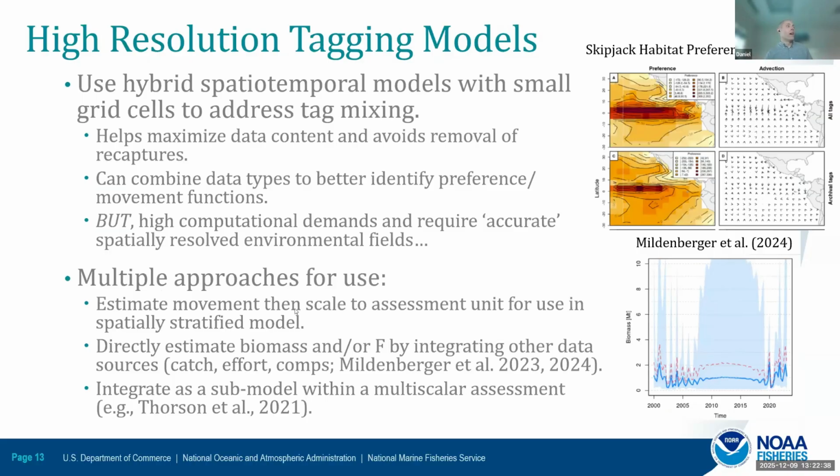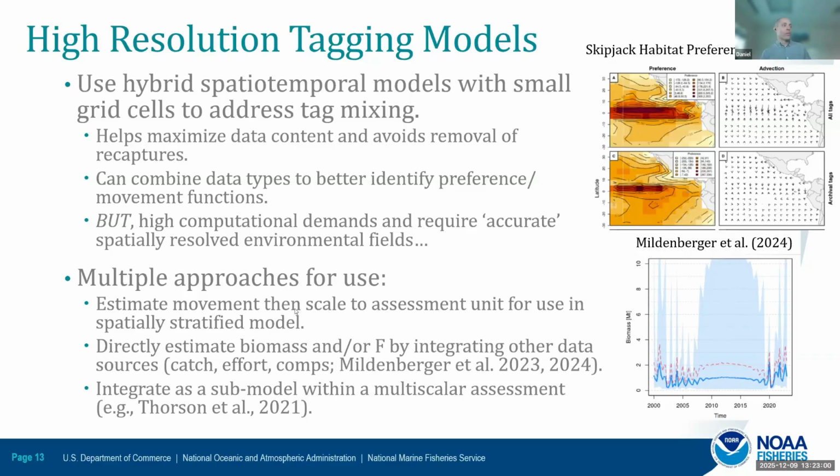And I think it really helps maximize data content because you don't have to censor your data like you do for a big box region. My impression is that it really helps you better identify these preference functions and estimate movement at these fine scales as they link to, like Jim was talking about, advection, taxis, and diffusion.